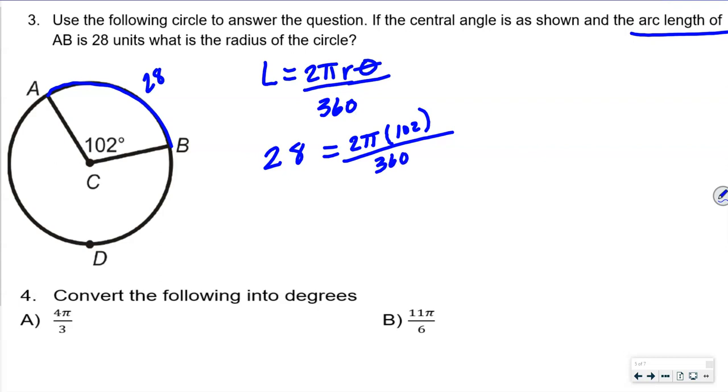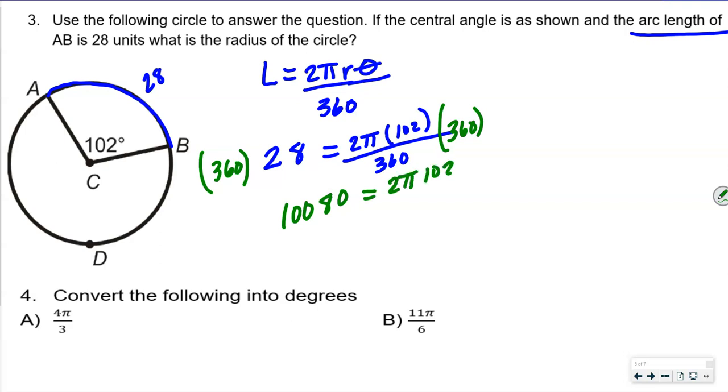Okay, so an easy way to work this problem is to multiply both sides by 360 so we can get rid of what's in the denominator. So multiply this by 360 and the 28 by 360. And when I did that, I got 10,080, and that's equal to 2 pi times 102.